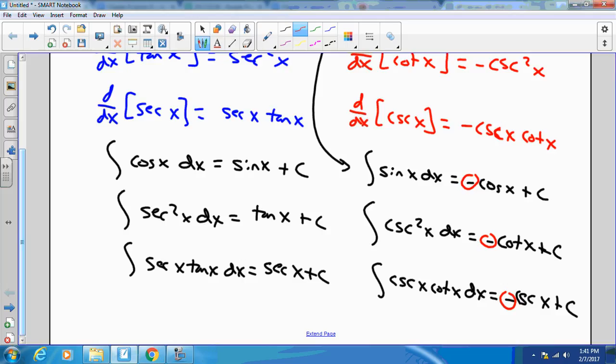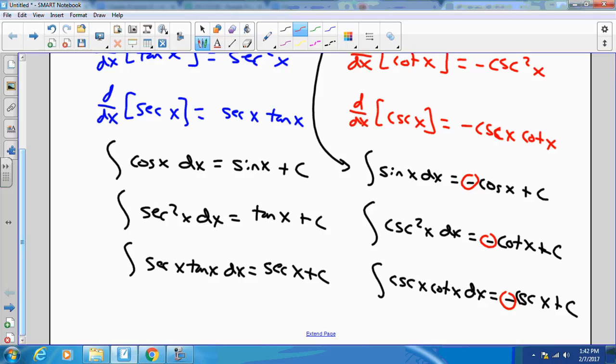Now, there's a couple of different directions that we can go here. Before I go too far, I want to point out that we have a gap that we don't know what to do with yet. Notice that we do have the antiderivatives of two basic trig functions, but we do not have antiderivatives for the other four. We don't yet know how to antidifferentiate tan x, or secant x, or cotan x, or cosecant x.